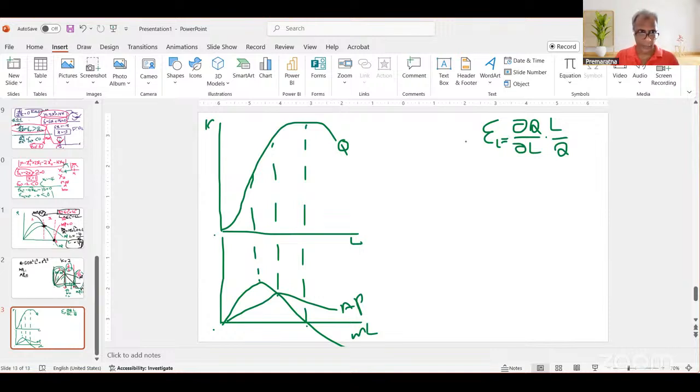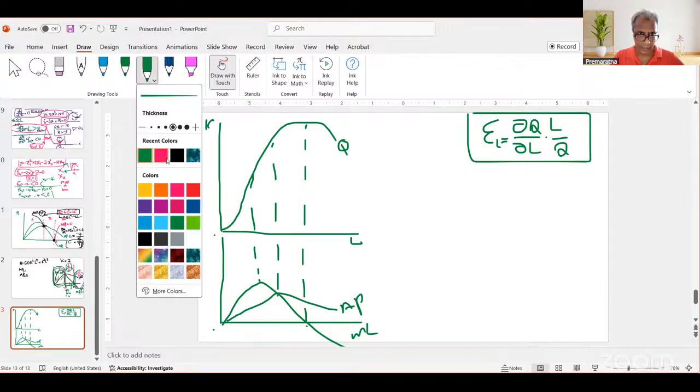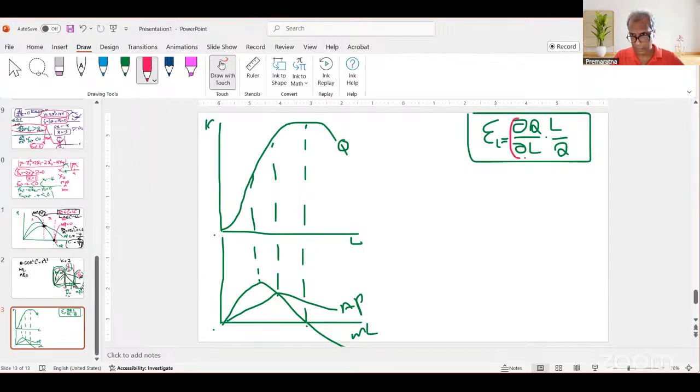Now we can go back to this elasticity. The first part here, I think, is familiar to you: that is the marginal product of labor. If you select the capital elasticity, you can say the marginal product of capital.